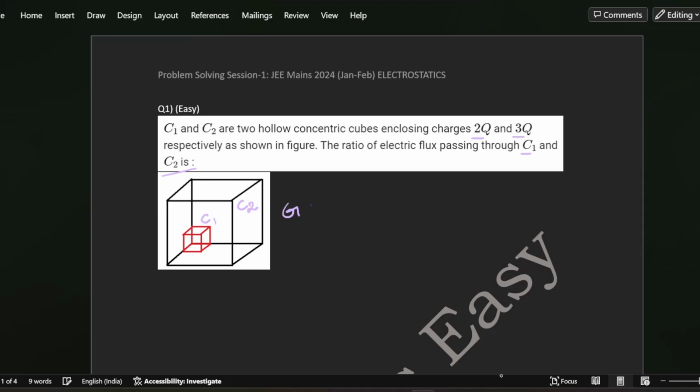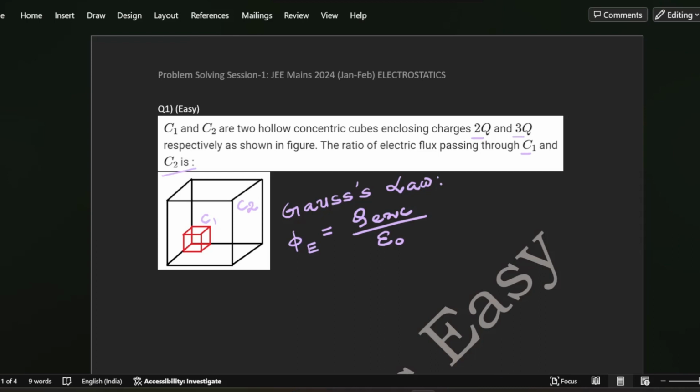Okay, so we will be using here the concept of Gauss's law, according to which the electrostatic flux, which is denoted by phi E, is equal to the charge enclosed divided by epsilon naught.